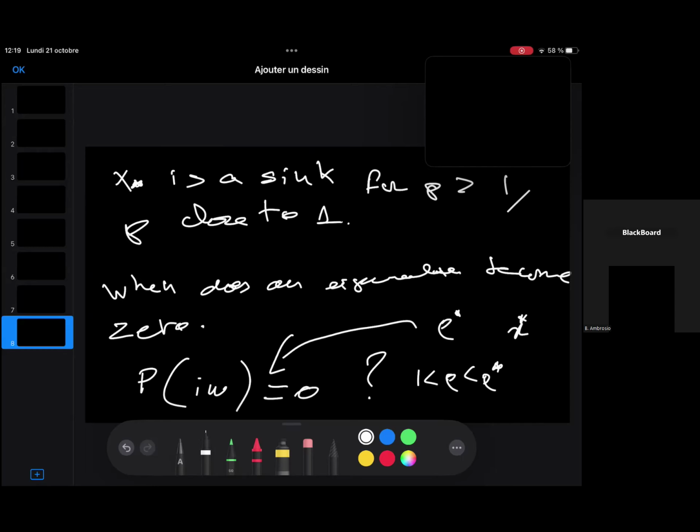And for the other stationary point, it's the same actually. All right, and we will follow up with that next time.